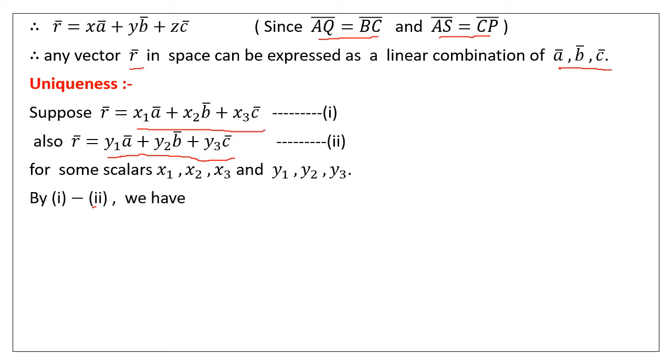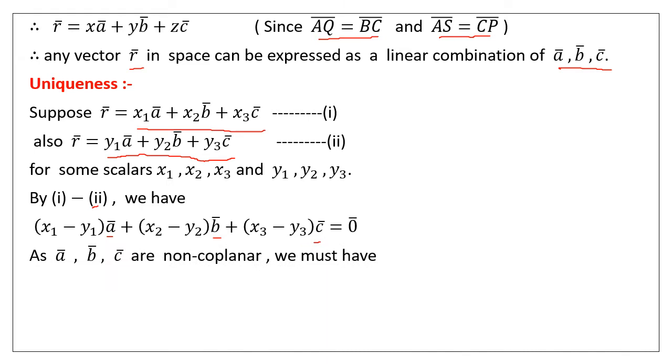Now subtracting 2 from 1 and collecting the terms of a bar, b bar and c bar, we have (x1 minus y1) a bar plus (x2 minus y2) b bar plus (x3 minus y3) c bar equals 0 bar. As, student, what is given, a bar, b bar, c bar are non-coplanar vectors.